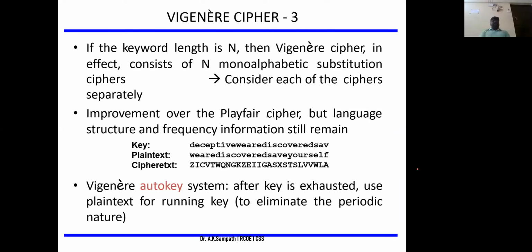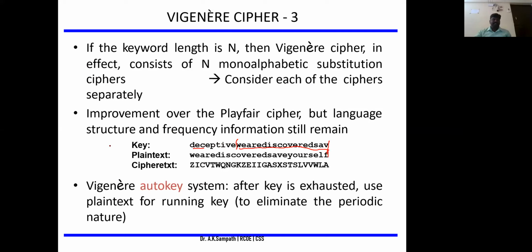Now this is another category of the weak cipher. Suppose there is a chance that the keyword has been identified. In that case, the advanced technique here is the autokey system, in which, along with the actual keyword, the plain text is repeated to a length equal to the plain text.